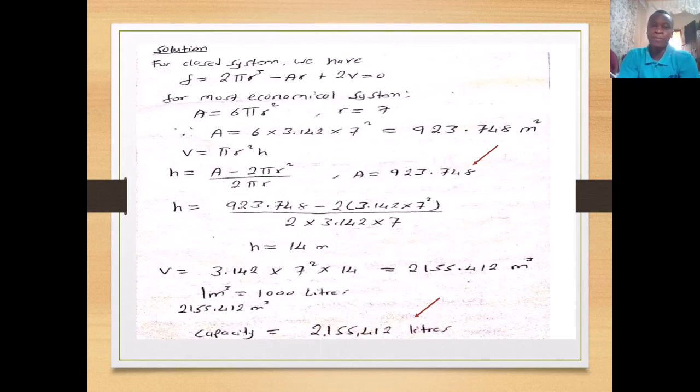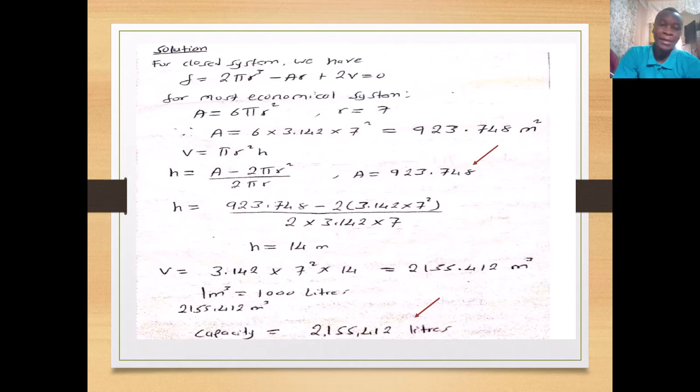From the economical elements, we had h equals 2r, and the radius is 7, so h automatically is 14 meters. Even without going through this process, you can simply use h equals 2r, so h equals 2 times 7, which is 14 meters.